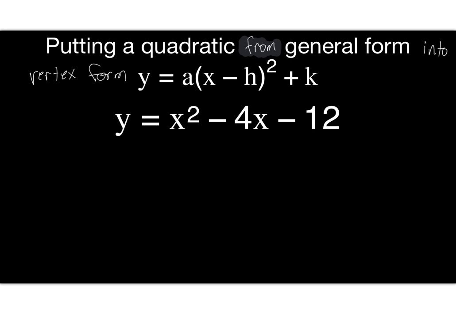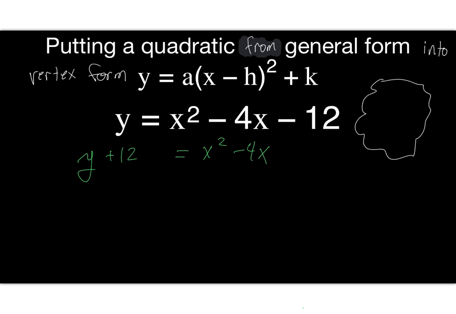So completing the square starts by moving the constant to the other side. So I added 12 to both sides to move the constant over. So when I have only my x variables on one side, now I can actually do the step that is called completing the square.